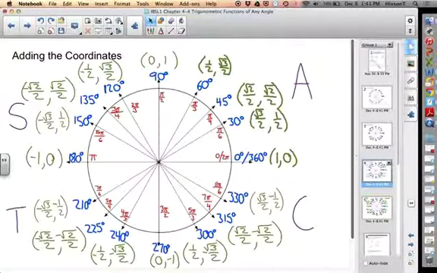Radical 3 over 2 over negative 1? No. The tangent is just sine over cosine. Negative 1. So when you divide sine by cosine, you get negative 1.